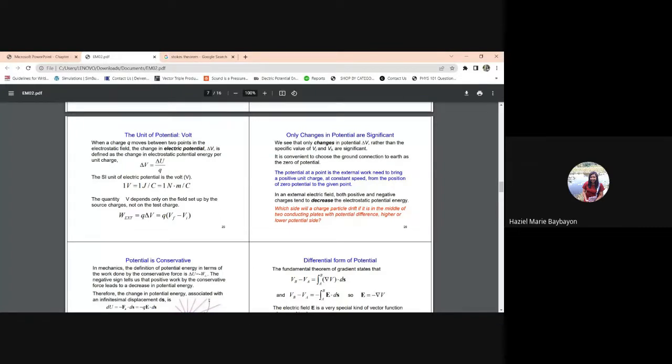Okay, so joules per coulomb, or 1 joule is equal to 1 Newton meter. So you can also use this unit, 1 Newton meter per coulomb. 1 volt equals 1 joule per coulomb, or it is also equal to 1 Newton meter per coulomb. Okay.